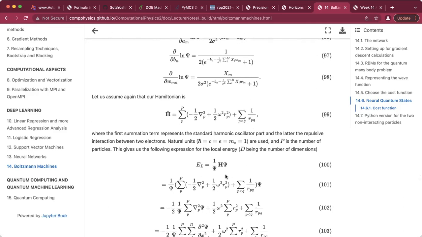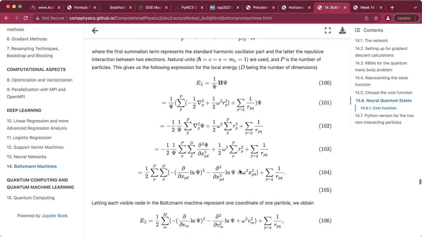So when we calculate this term, what we have is the standard expression for the Hamiltonian, which we discussed also in project number 1. We have the operator acting on a trial wave function. And now we have to be a little bit more careful, because the trial wave function is a quantity defined by the Boltzmann machine, or the Boltzmann machine multiplied with something else.